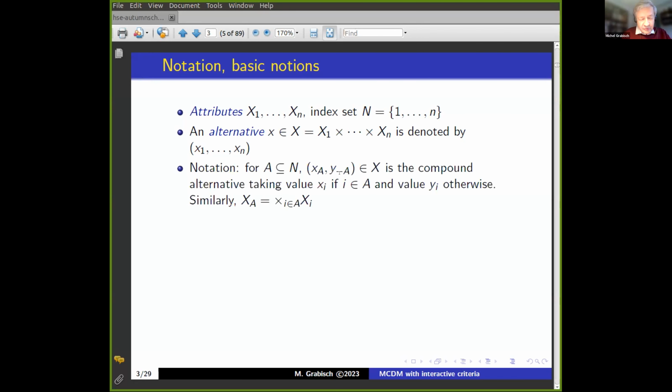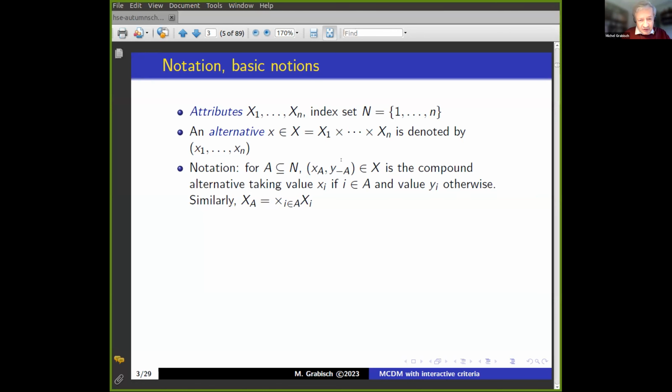Now for the notation, if I consider a subset of attributes A, then I can, by using this notation, divide the vector X into 2 parts. X sub A is just all the coordinates which pertain to the subset A. And when I indicate minus A, it simply means that I consider the attributes which are not in A, okay?